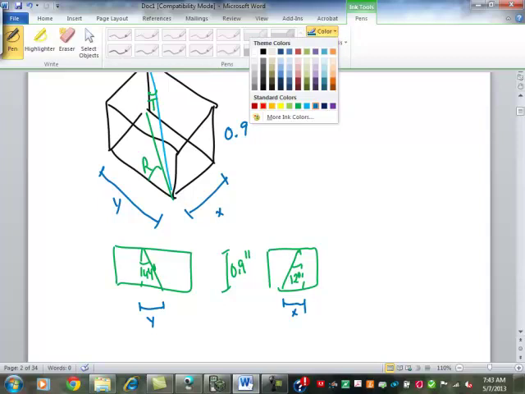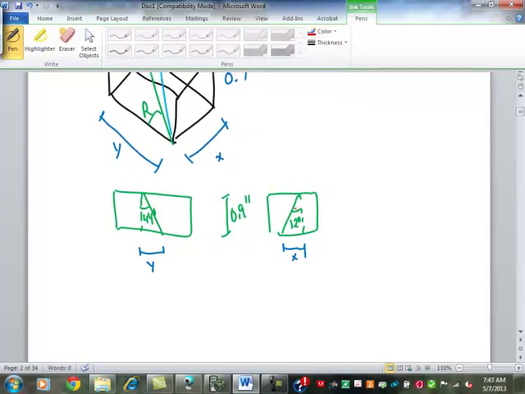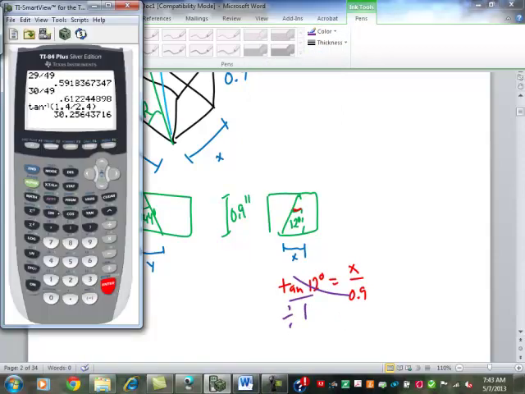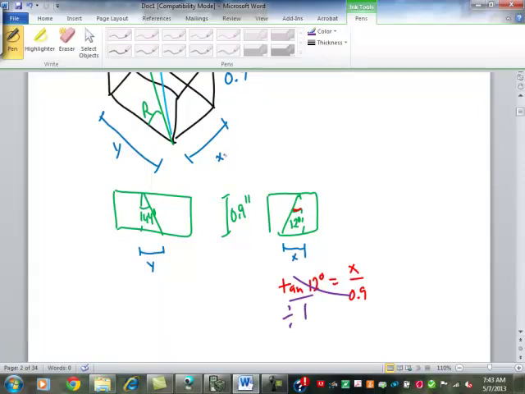So to find x, according to this angle, that's the opposite side. So tangent of 12 degrees is opposite over adjacent. So x is the opposite, 0.9 is the adjacent. So to find x, put this over 1, cross multiply and divide. So tangent of 12 times 0.9 gives us x. 0.1913.